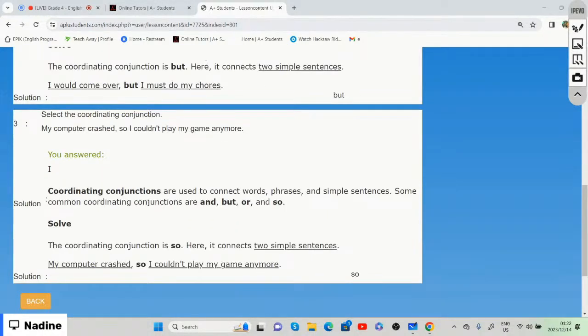We say coordinating conjunctions are used to connect words and phrases. My computer crashed, so I couldn't play my game anymore.